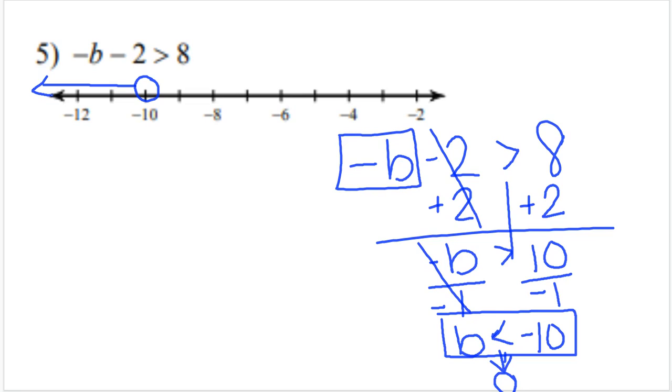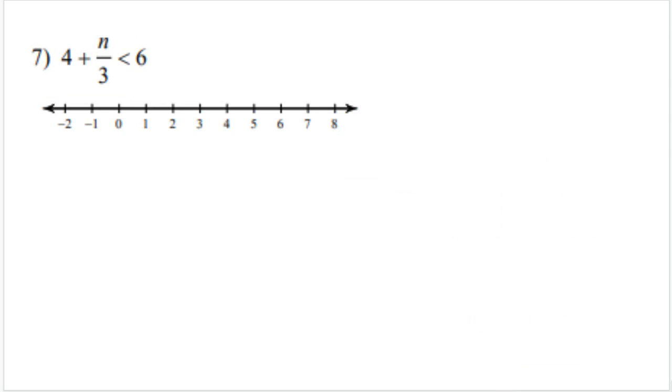Let's go ahead and check out our next problem. Okay, so our next problem is 4 plus n over 3 is less than 6. I want you to go ahead and take a minute to try and solve it on your own.